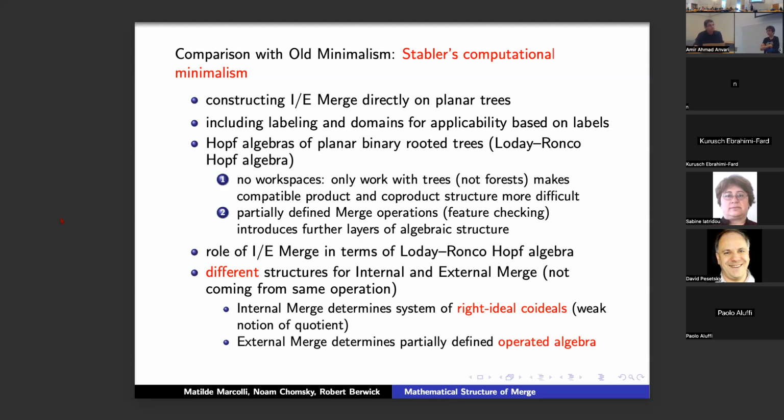In the second paper, we have a long discussion of what differs when you look at this point of view of algebras, with this new version of minimalism, the strong minimalist thesis, compared to the older versions of minimalism, particularly Stabler's computational minimalism.